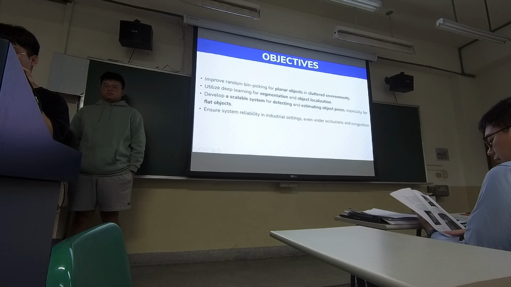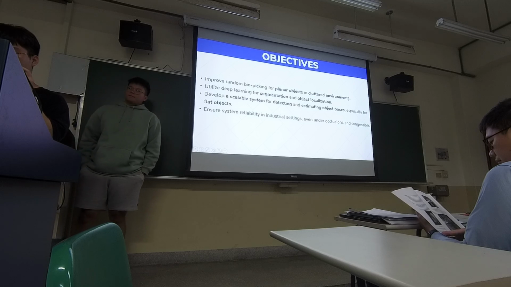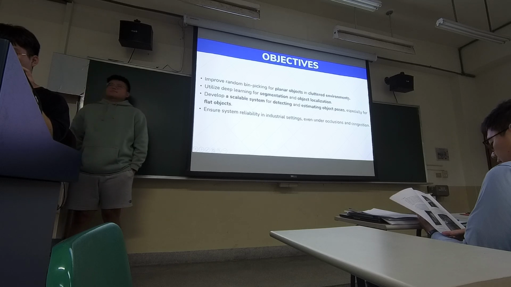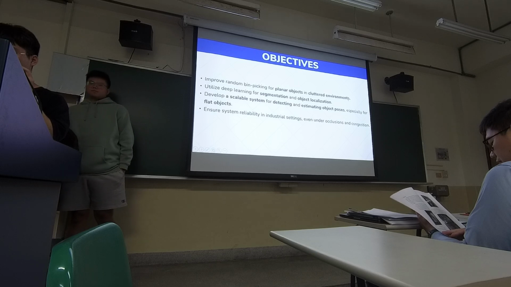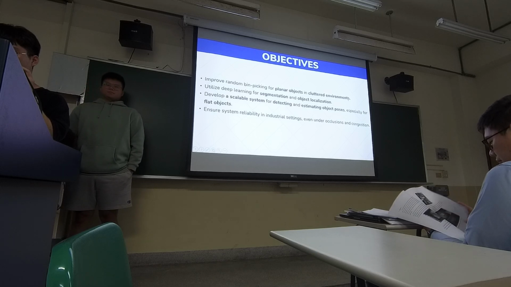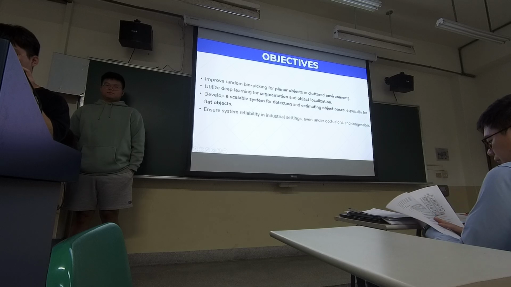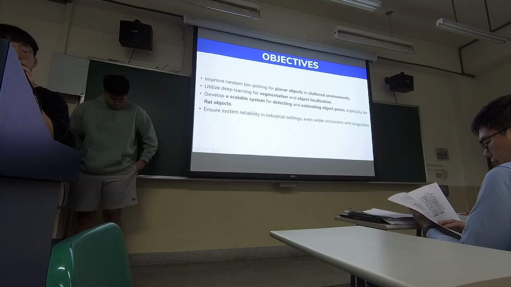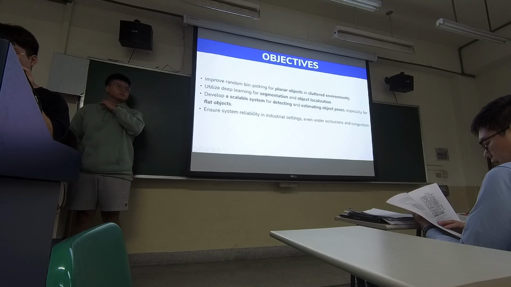So our main goal is to develop a new solution that can detect and estimate the position of flat and irregularly shaped objects. We will achieve this by using advanced techniques like deep learning-based instance segmentation, which helps the system accurately identify and localize objects even in complex environments where they may overlap.